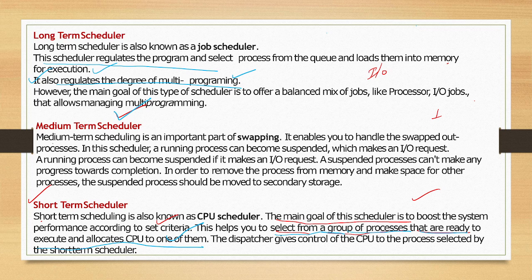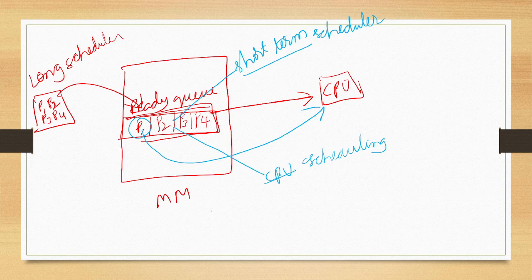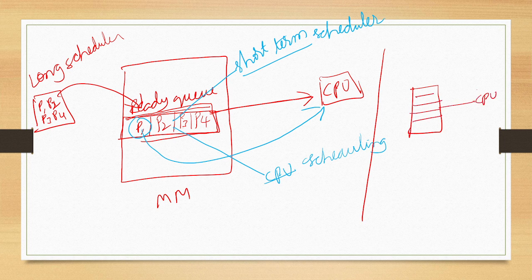Here medium-term scheduler means mainly swapping. What is swapping? I will tell you here. Suppose this is main memory, this is CPU. CPU is executing process P1.